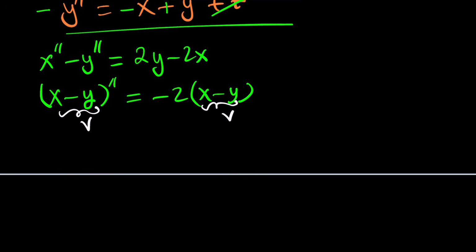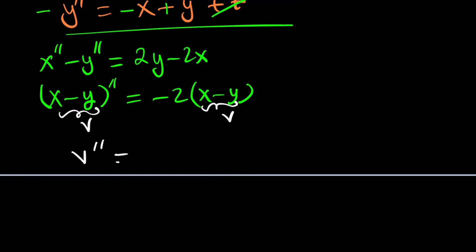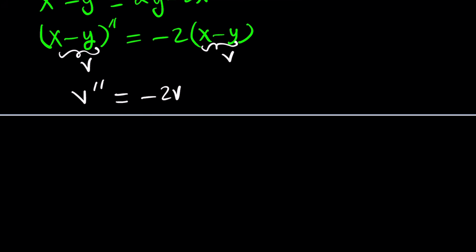So now we get v double prime is equal to negative 2v. Well, this actually is going to turn into a homogeneous equation. If you add 2v to both sides, you'll get v double prime plus 2v is equal to 0. And as you know, we have a characteristic equation. If you replace v with e to the power rt, you're going to get r squared plus 2 is equal to 0.